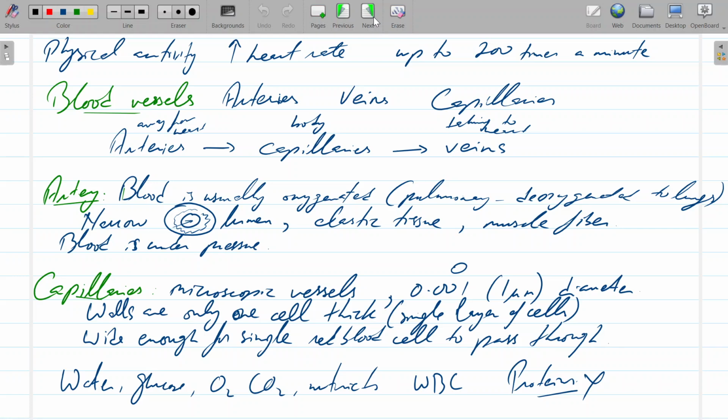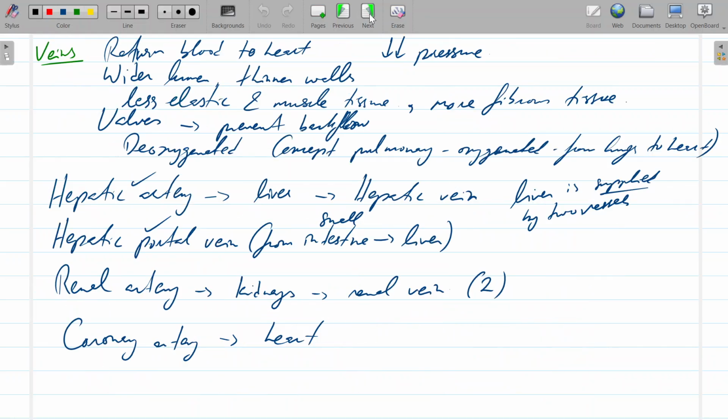Then we talked about the different blood vessels, the arteries with their narrow lumen and muscular elastic walls, the capillaries that are microscopic and single-celled walls, and then the veins that have wider lumens and more of fibrous tissue, and valves, right?